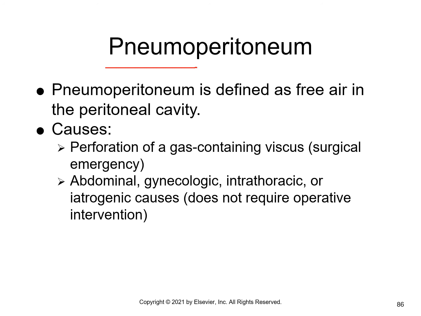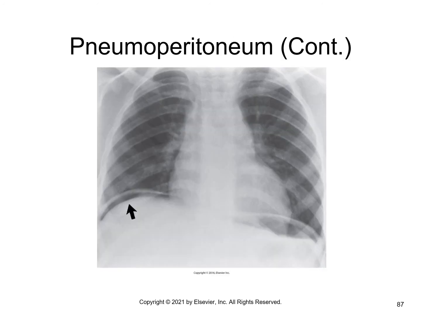But if there is a perforation in the bowel, then this needs to have surgical repair immediately so as to avoid causing peritonitis. Here's an example of pneumoperitoneum, and this is one of the great examples of why we try to do all of our chest x-rays in an erect or upright position. Here is the diaphragm.